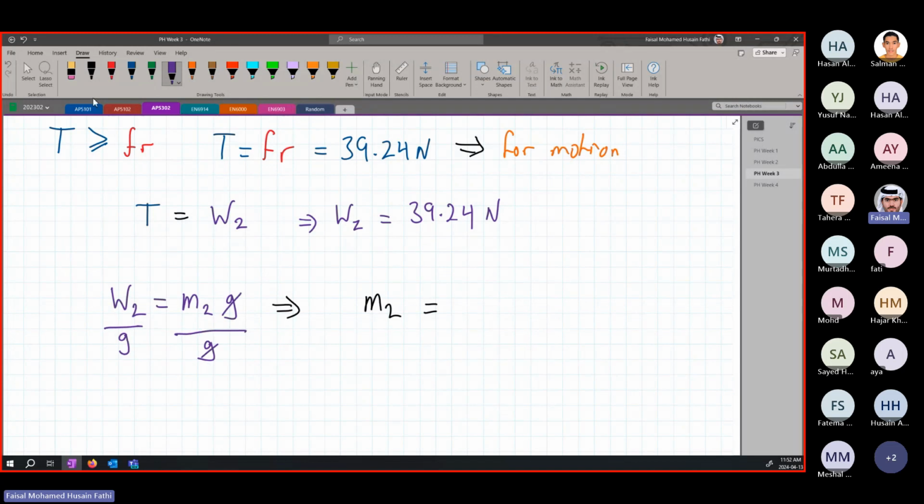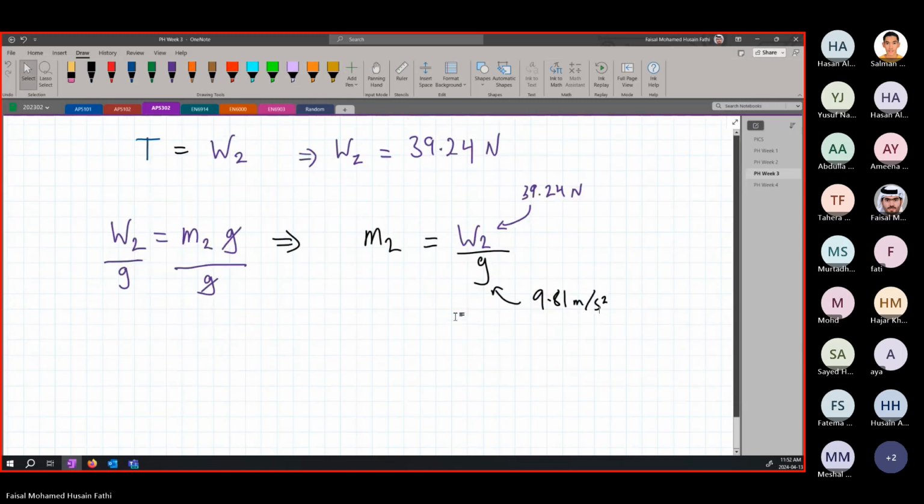This G and this G will cancel, and then we will be left with M2 is equal to W2 over G. We know that W2 is 39.24 newtons, and we know that G is 9.81 meters per second squared.